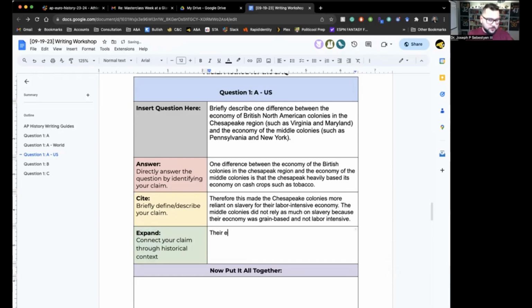Their economy was also more industrialized, with major cities like New York City and Philadelphia.